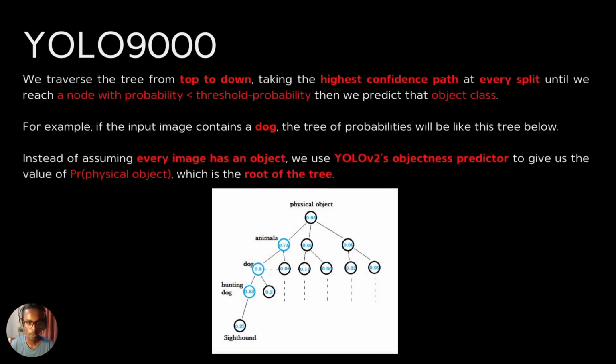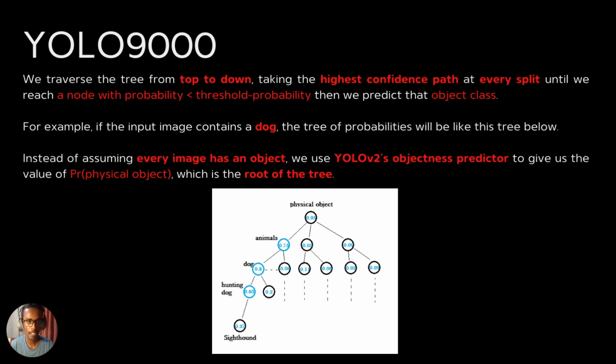So we traverse the tree from top to down, taking the highest confidence path. We start from the root node and follow the highest confident path. We just select the higher probability values on each level for nodes that are at the same level, and for every split, until we reach a node with probability less than the threshold probability.